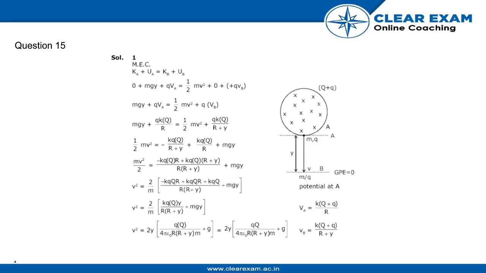So the total energy of the system before and after the small piece of mass falls will be equal. When the small piece is attached to the sphere, the kinetic energy is 0.